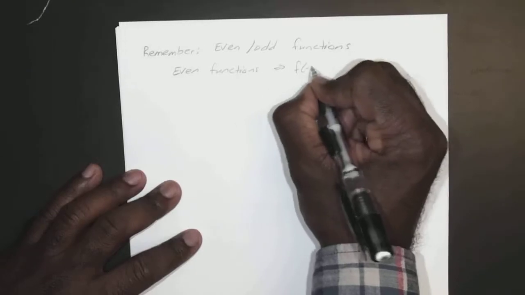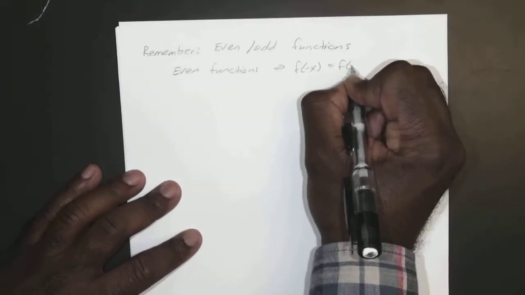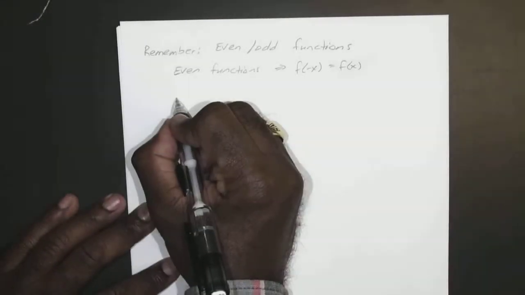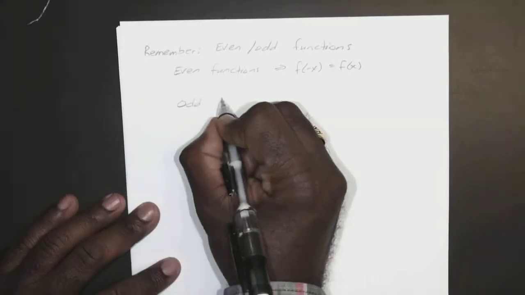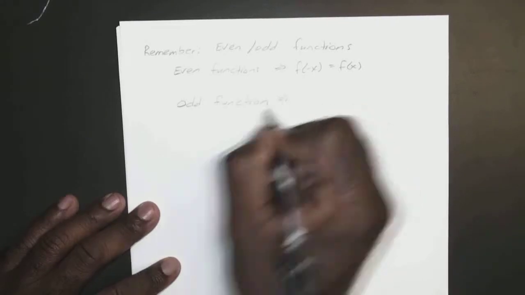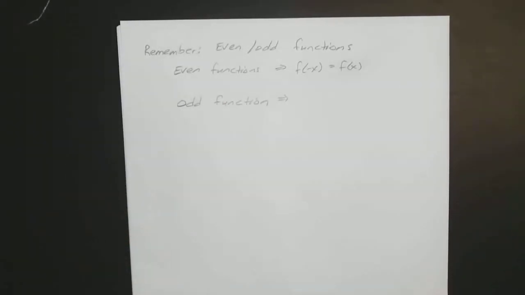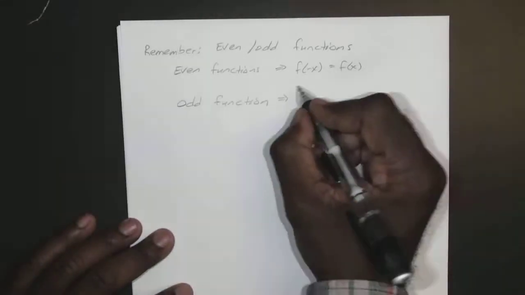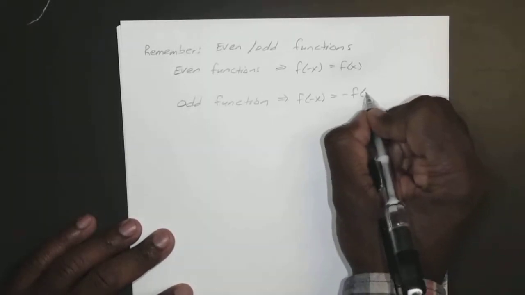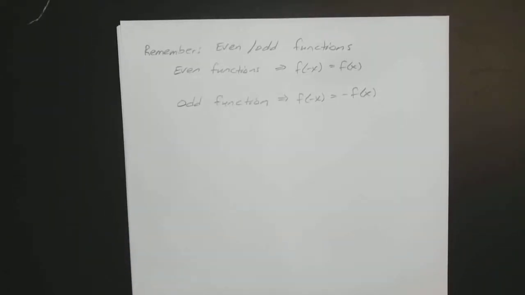So that's where f of negative x is equal to f of x. If you have an odd function, that's when you replace x with negative x and you get the negative of the function you started out with, that's how you know it's odd. So f of negative x equals negative f of x.